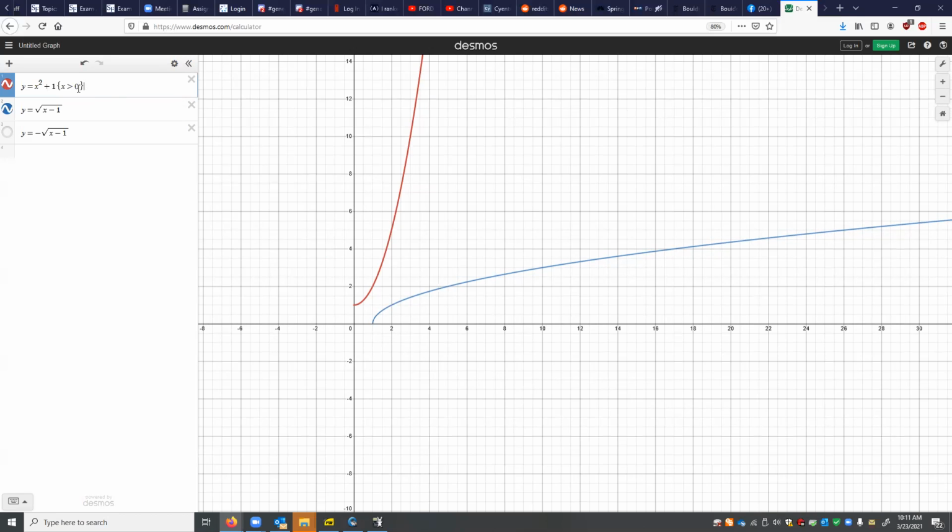But if I don't restrict the red's domain, then the inverse is all of this blue stuff. And this blue stuff over here is not a function because it fails the vertical line test. For example, it sends the input 4 to two different outputs, right? Or it sends the input 5 to two different outputs. That would not be okay. So in order to get the blue to be a function, in order to throw away this bottom half, I need to throw away this left half.